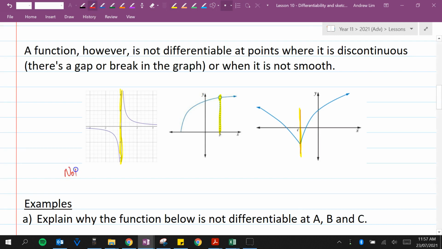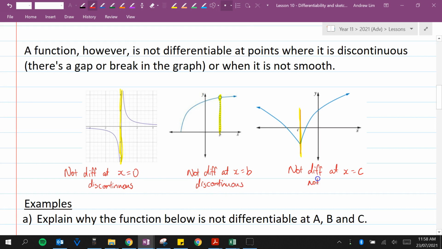So not differentiable at x equals 0, not differentiable at x equals b, and not differentiable at x is equal to c. The first two are because they are discontinuous, but the last one is because it's not smooth.